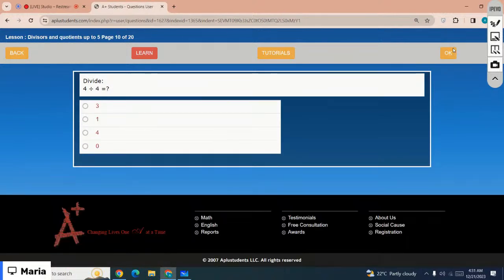The next one is 4 divided by 4, which is the correct option. 4 divided by 4.